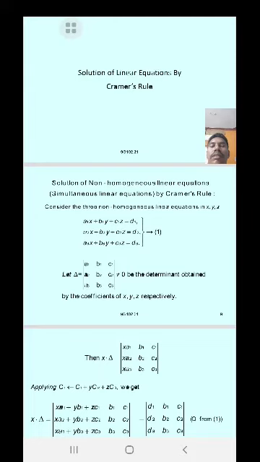Consider the three non-homogeneous linear equations in x, y, z: a1x plus b1y plus c1z equals d1, a2x plus b2y plus c2z equals d2, a3x plus b3y plus c3z equals d3.